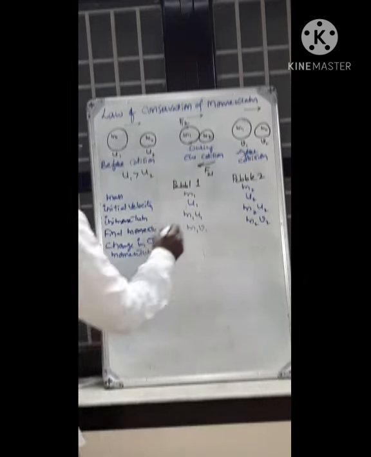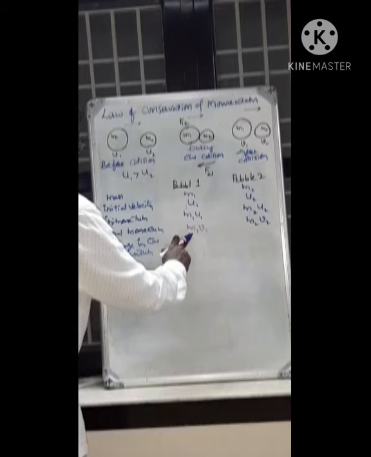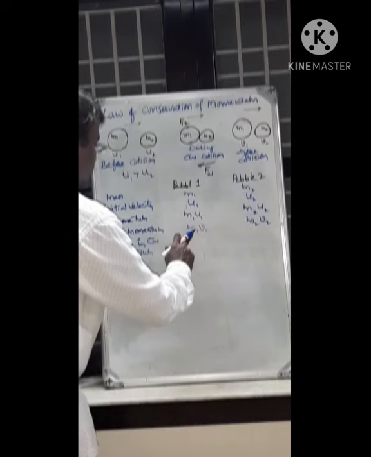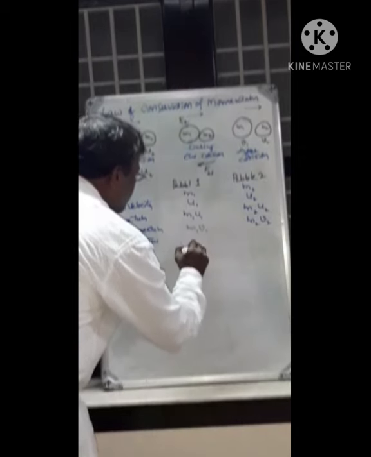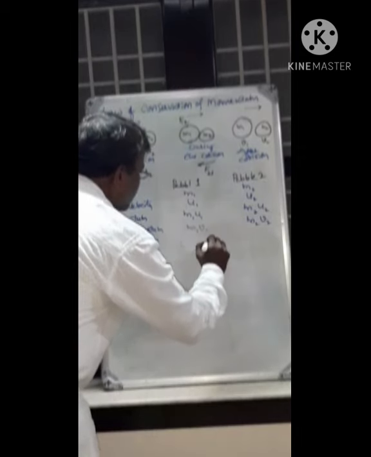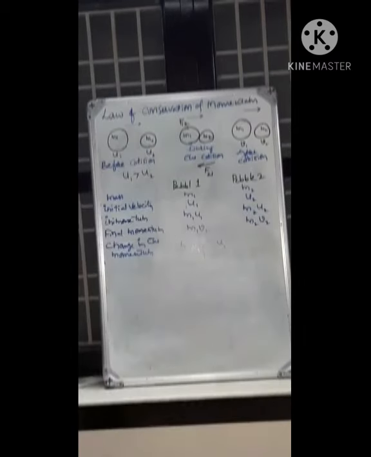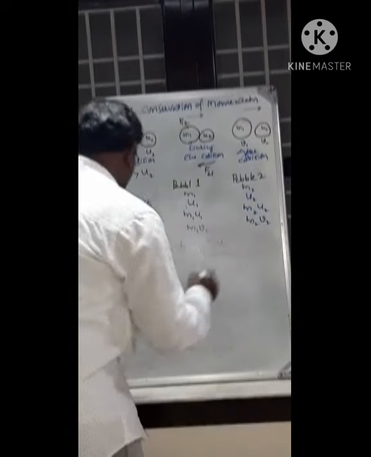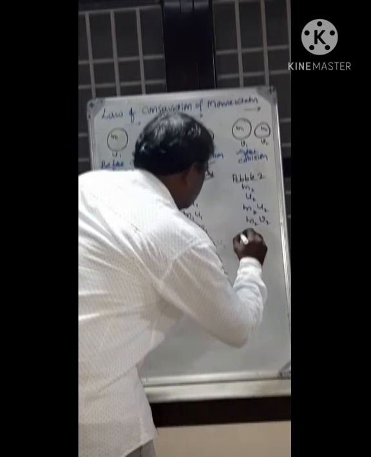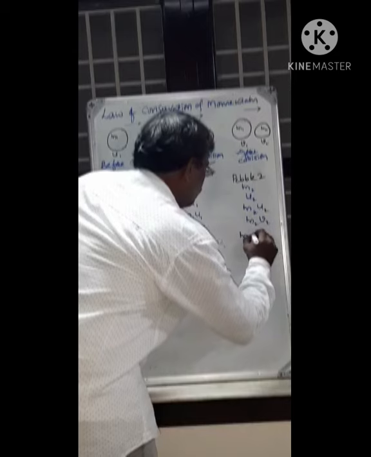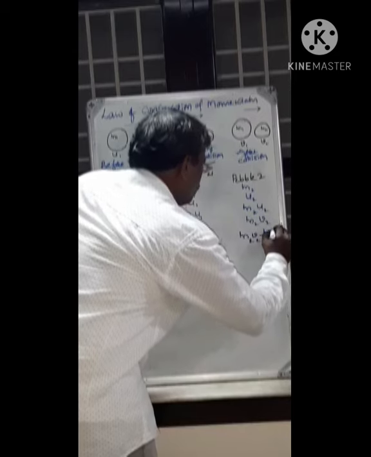The change can be calculated as m1 v1 minus m1 u1. For pebble 2 also, the change in the momentum can be calculated like m2 v2 minus m2 u2.